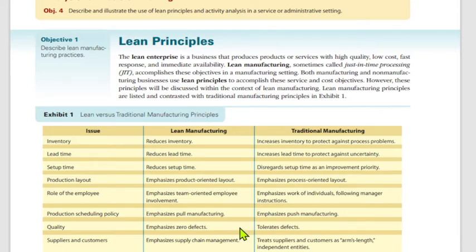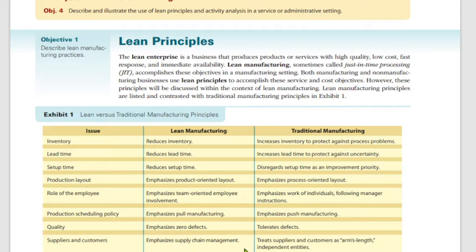The quality, well, it emphasizes zero defects in lean manufacturing kasi kung matatandaan mo, 'di ba, of high quality. While in traditional, ina-accept yung defect but it should be tolerable. Ganun yung konsepto niya. In suppliers and customers under lean, we emphasize supply chain management, the relationship with the providers of our inputs.